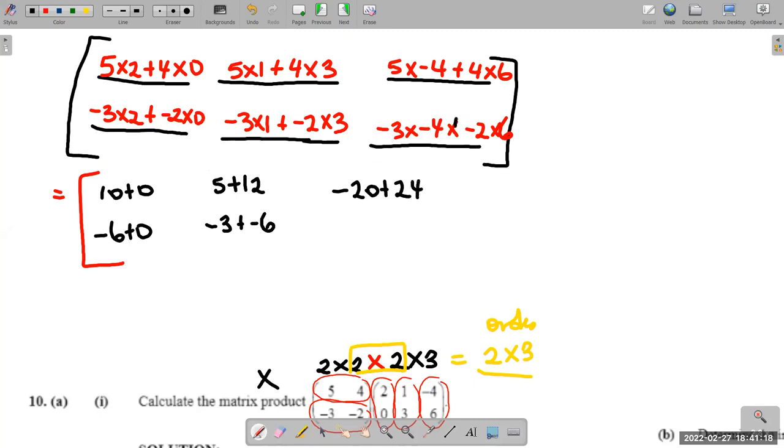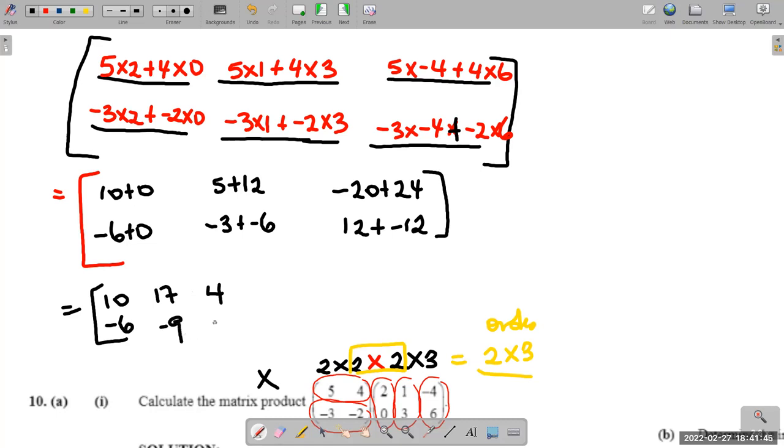This is supposed to be a plus here. So this would be 12 plus negative 12. So it's supposed to be 10, 17, 4, negative 6, negative 9, 0.